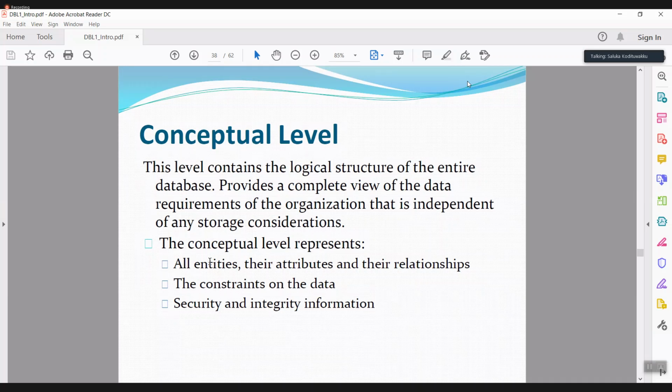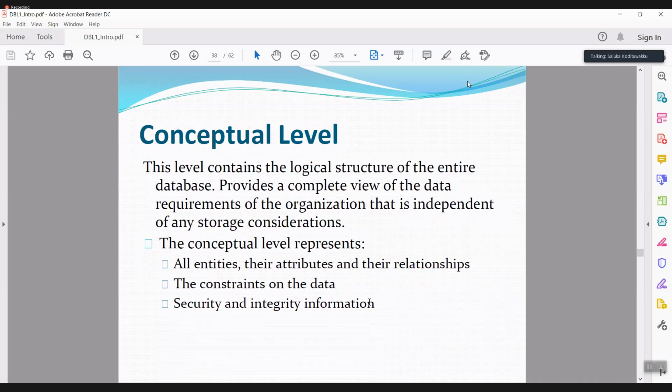In addition, if there are any constraints on those data, they should also be considered here. For example, whenever we have a manager entity, one of the constraints might be only one manager per bank branch. And then also the security and integrity of the information. These things, like integrity constraints, will be discussed later.